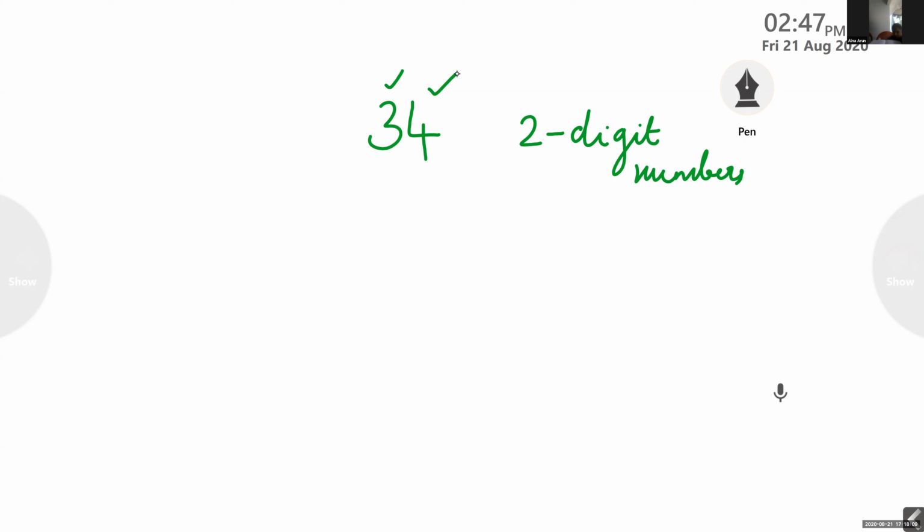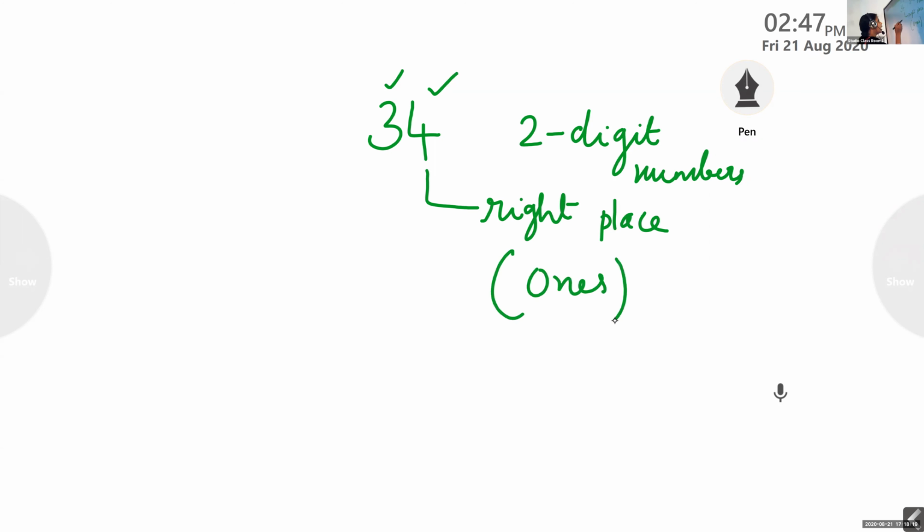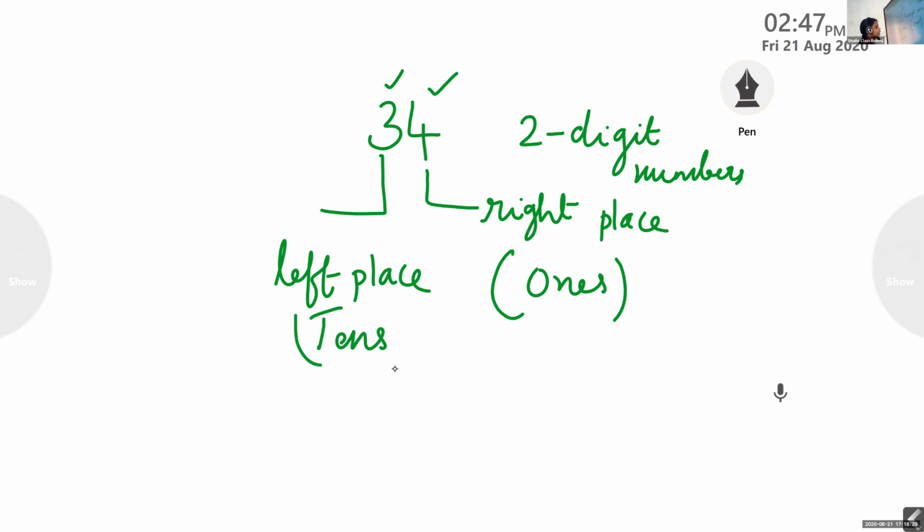And there is a right place. This is the right place, and this we will call it as ones place. And this is the left place, that we will call it as tens place. So 34 is a two-digit number having two places.